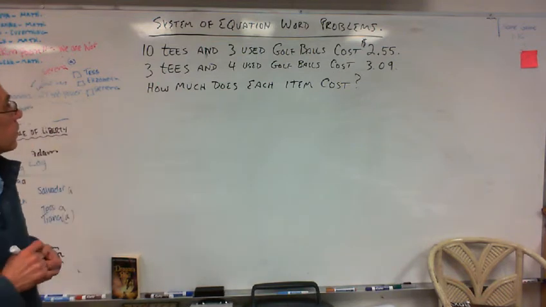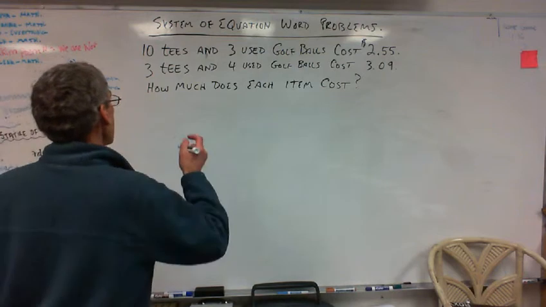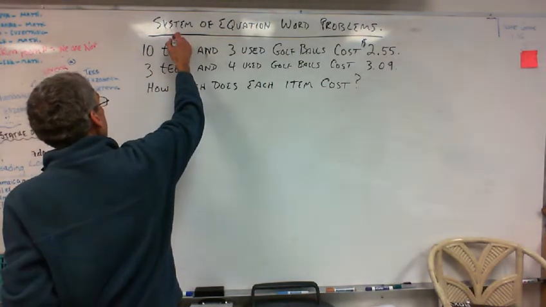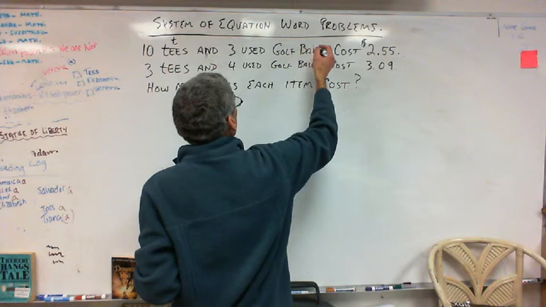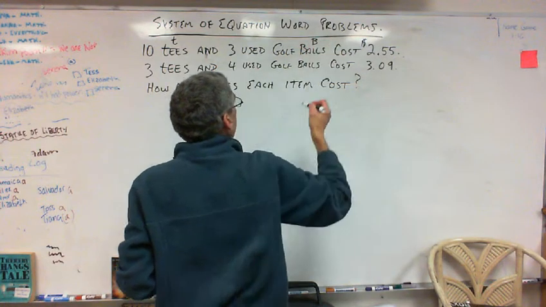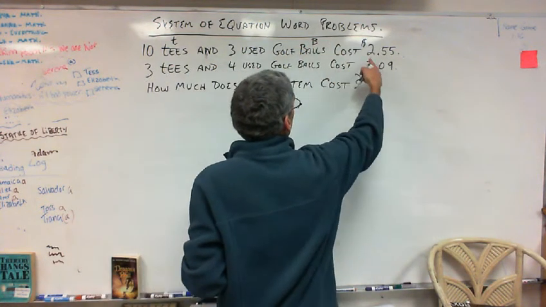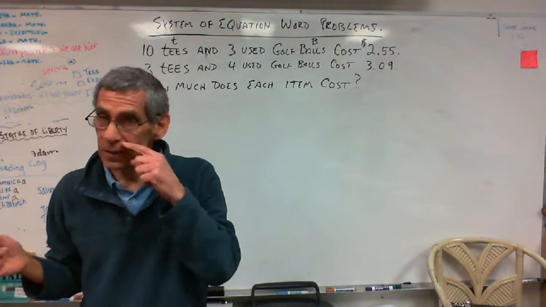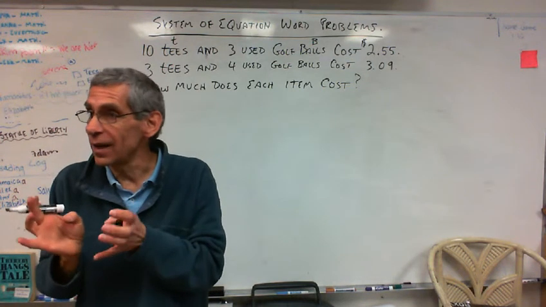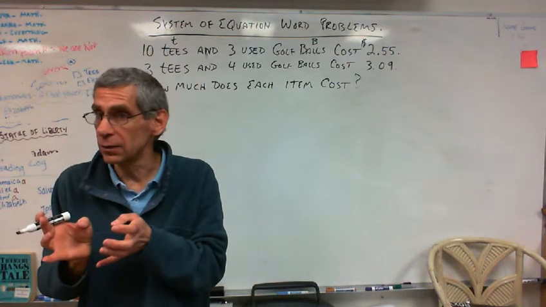What do you think? 10 tees. So why don't we call tees T? Would that be okay? And we'll say used golf balls, we'll call B for balls, right? And then we've got the cost is $2.55. Since we're dealing with such small amounts, I think it'd be easier to turn it into cents.